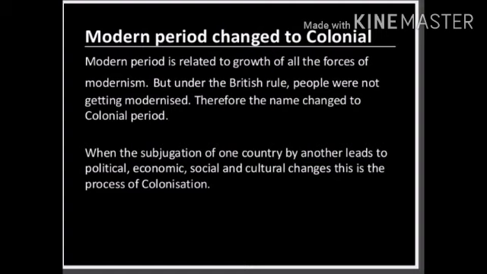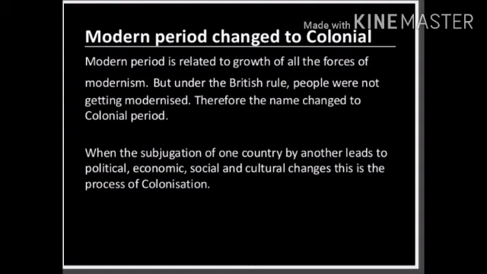That is called colonial rule. Like the Britishers, they came to India and ruled over us for around 200 years. The modern period is related to the growth of all the forces of modernism, but under the British rule people were not getting modernized. Therefore the name changed into the colonial period.